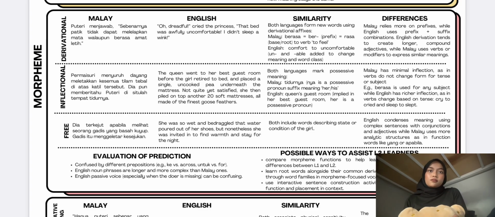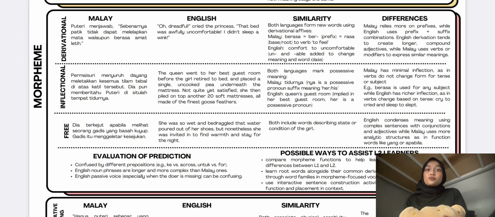Next, derivational morphemes like ness, ly, or Malay per, an can be challenging due to their role in changing word class, noun to adjective and verb to noun, which requires deeper vocabulary awareness in both languages.